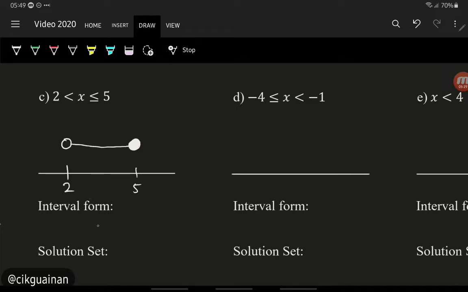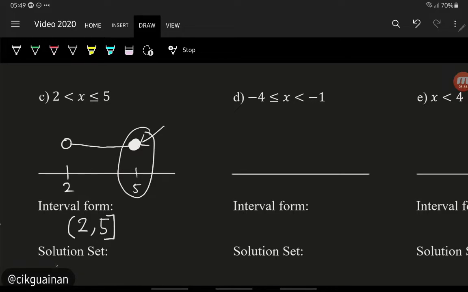For interval form, easy. Put a comma, and on the left hand side of the comma, we put 2, and this 2 is not included, so open bracket. Now for the right hand side of this comma, it's a 5. The 5 is included, since it's a dense circle.